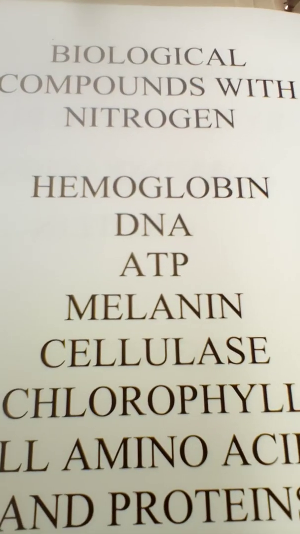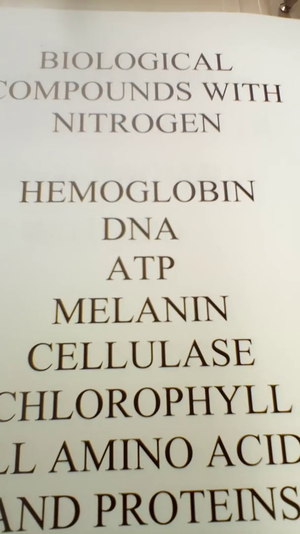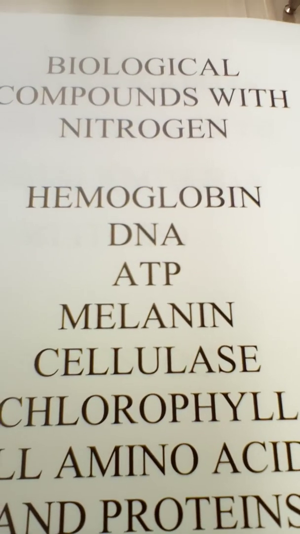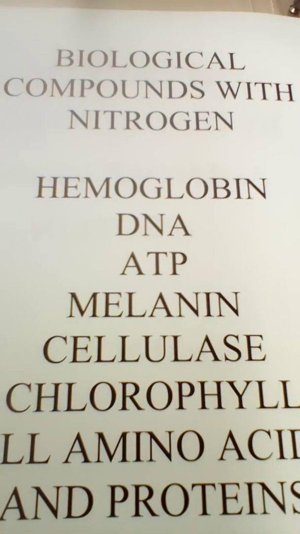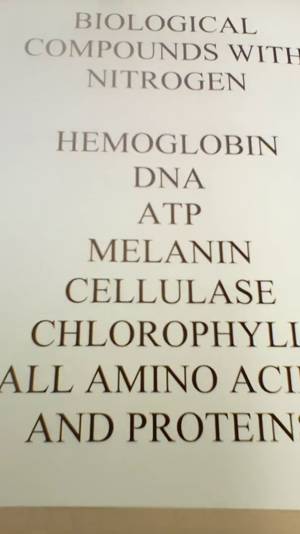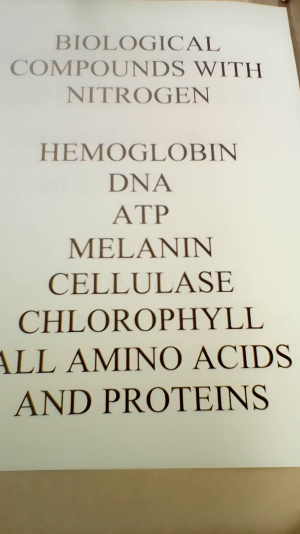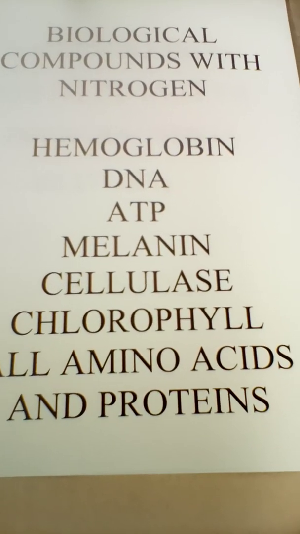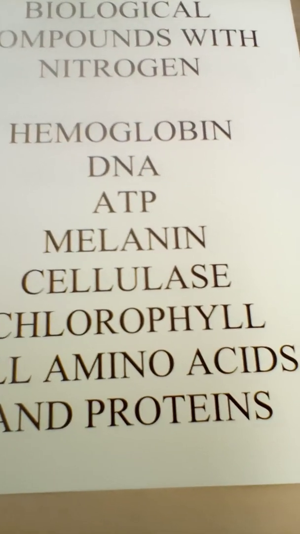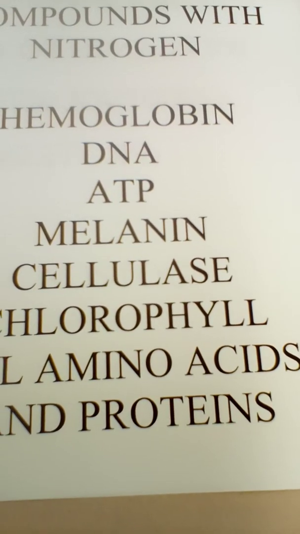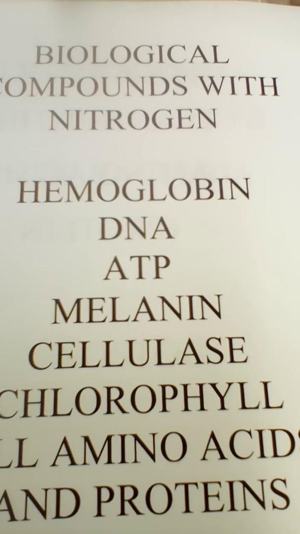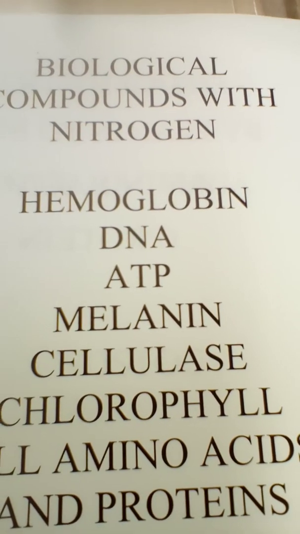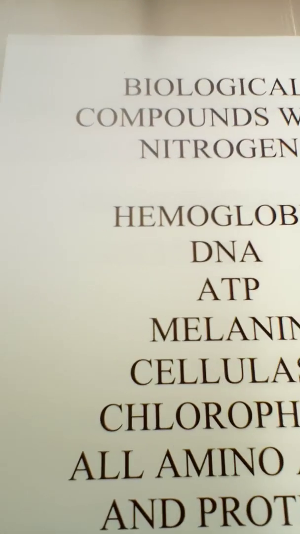Chlorophyll, you've got to have nitrogen to build chlorophyll. We know that chlorophyll is an absolute in terms of photosynthesis. Then all amino acids and proteins have nitrogen. So nitrogen is a super important element in living things that make up the biological compounds.